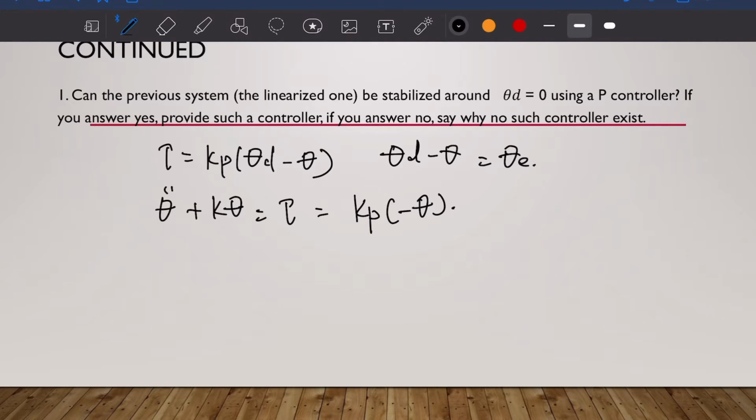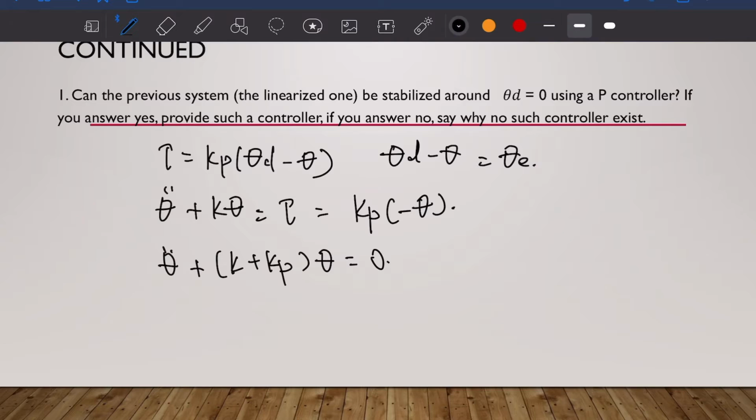And then we move the term, then we will have theta dot plus k theta equals to Kp. Oh, sorry about this. We have theta dot plus the k plus the Kp, theta equals to 0.